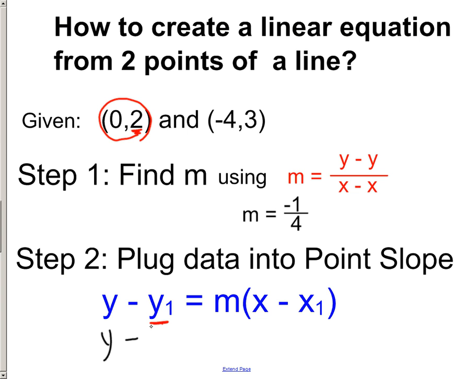So in this case, it's +2. So I'm going to make that in red. The equal sign drops. The slope we got from step 1, so we're going to be using this right here. So we're going to just put in -1/4 for our slope. Parenthesis stays, this x stays, the minus sign stays, and the x1, we come up here and we steal the x value from the point that we used, the 0.